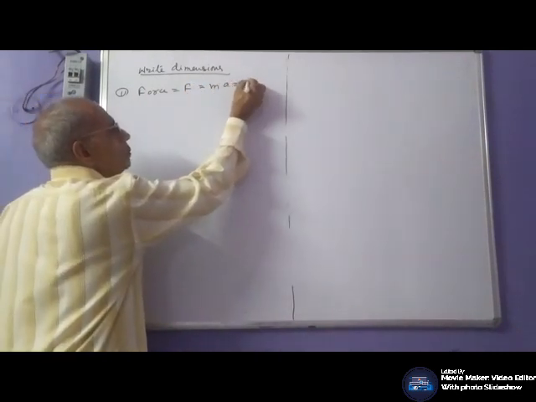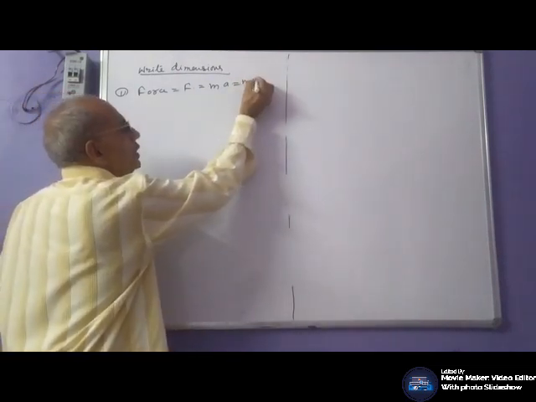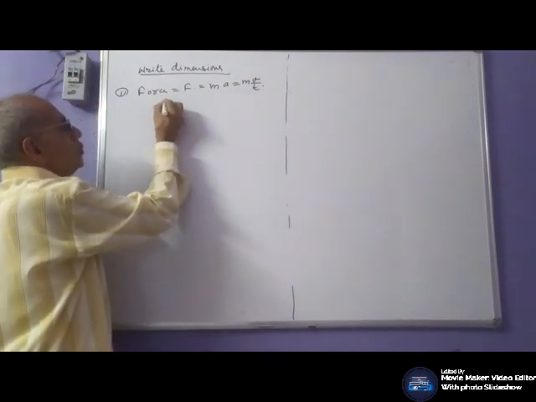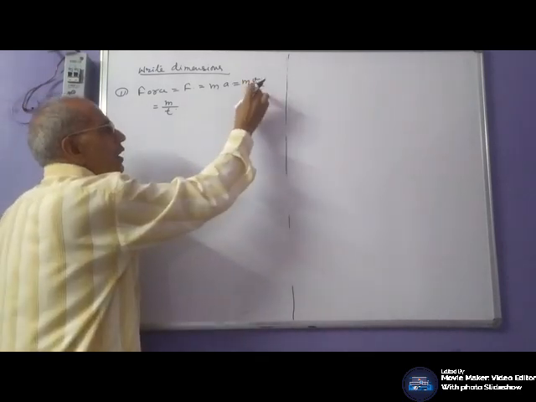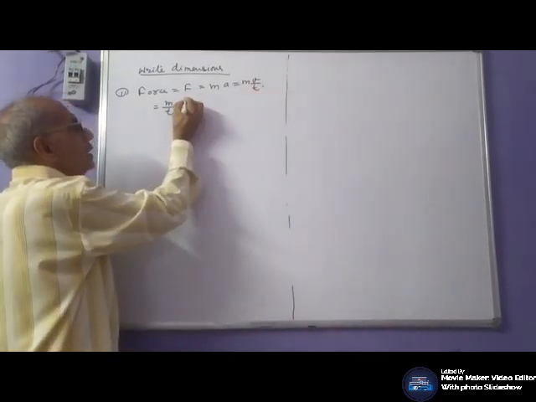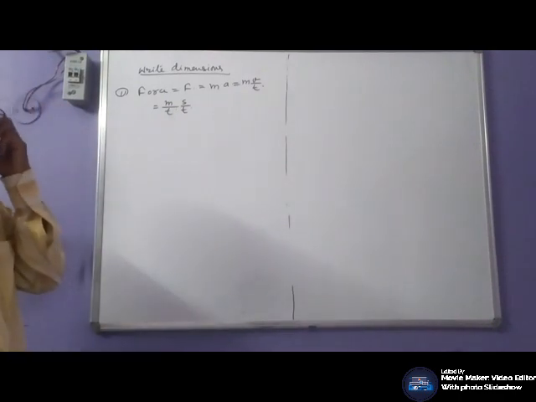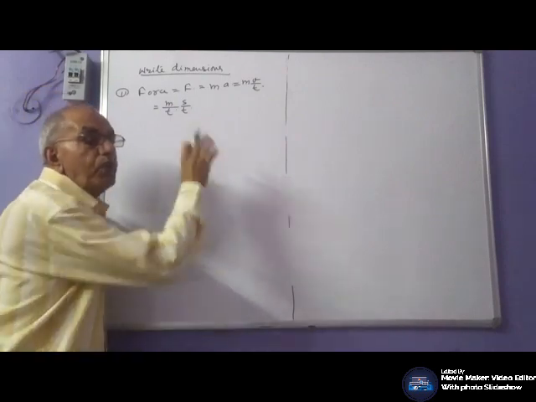M is M. A is V by T. M is M, T is T, can't be defined further. V is S by T. This is the complete definition of force.